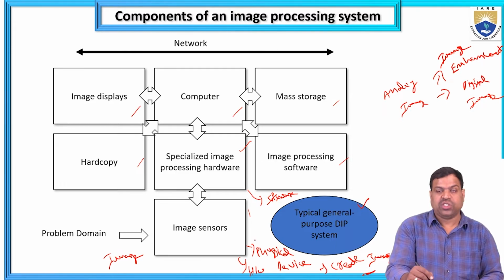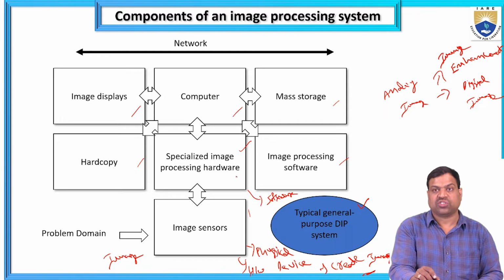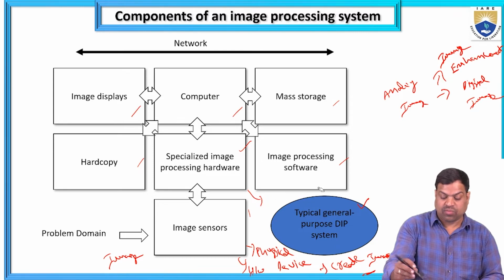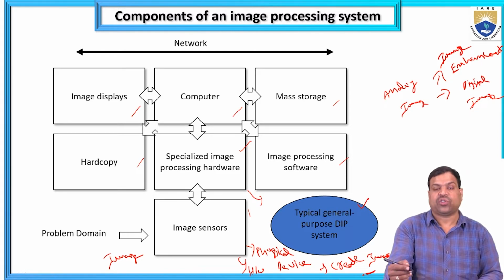The analog image is converted to a digital image with the help of specialized image processing hardware. It is a hardware device which converts the image to a soft copy, converting it to the digital image like this.